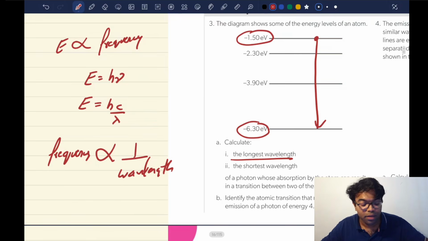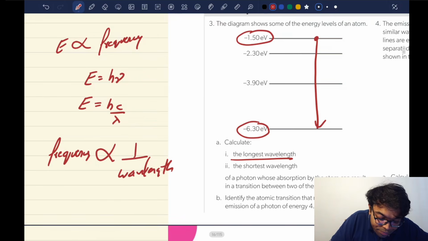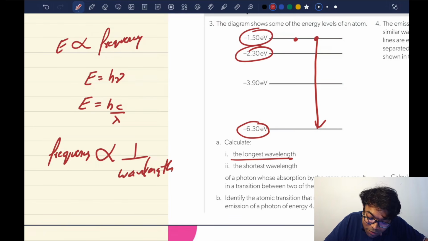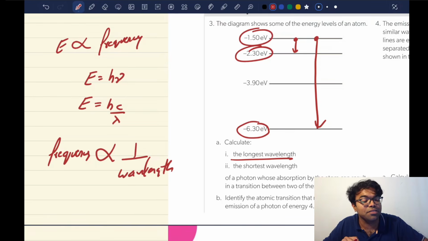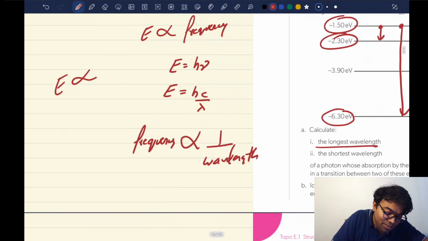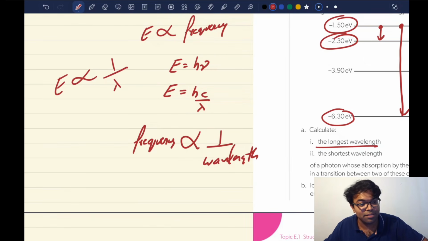Where do you observe the energy level to be the smallest? When it is going from, yes, exactly. So when the transition is happening from this to this, you will get to see the longest wavelength because the energy would be the least, the frequency would be the least. Understood? Okay. So in a way, you can say that energy is inversely proportional to wavelength.